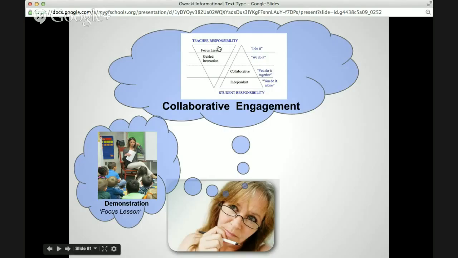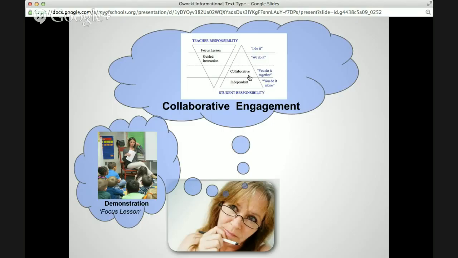So we see that the focus lesson and the guided instruction, where teachers are working in smaller groups around needs of particular groups of children, are the first two parts, and basically the teacher has the responsibility in those stages. Collaborative engagement, though, is the beginning of release to the students, where they are doing the work.